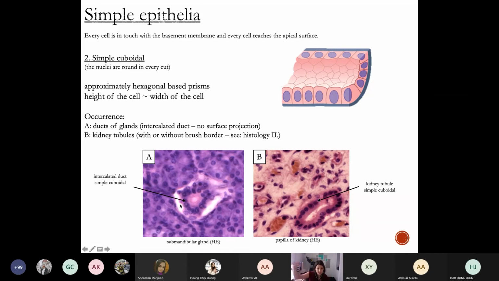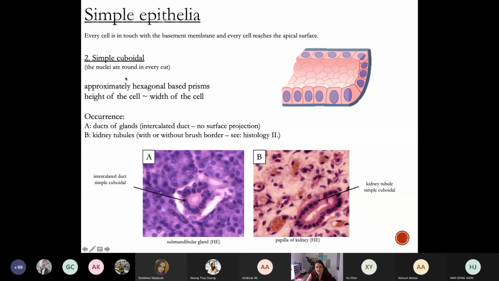You can Google it if you want. There are very nice pictures. It's something which is created during the preparation of the slide, and it's not a normal structure of the tissue.